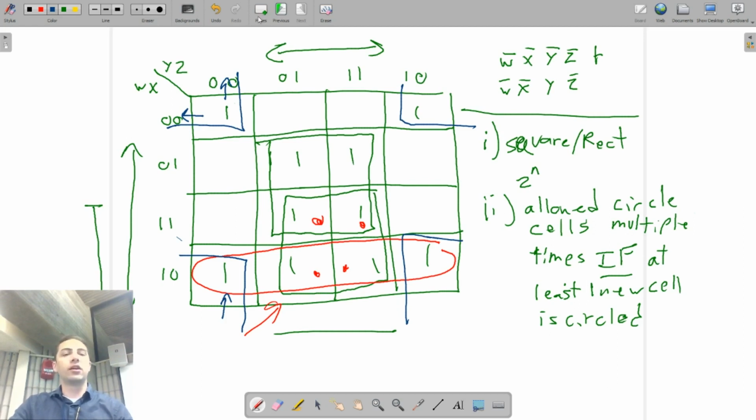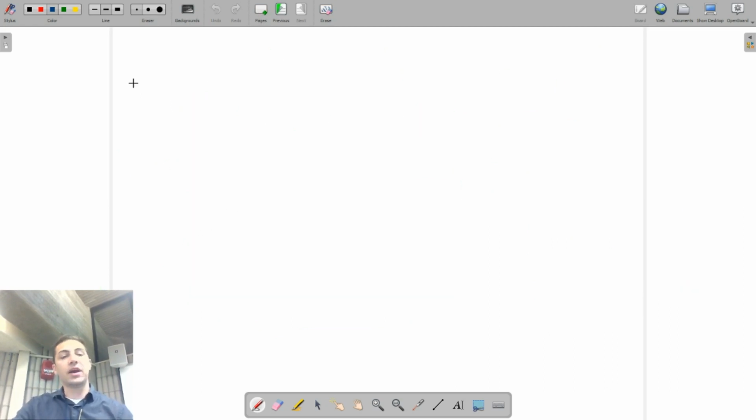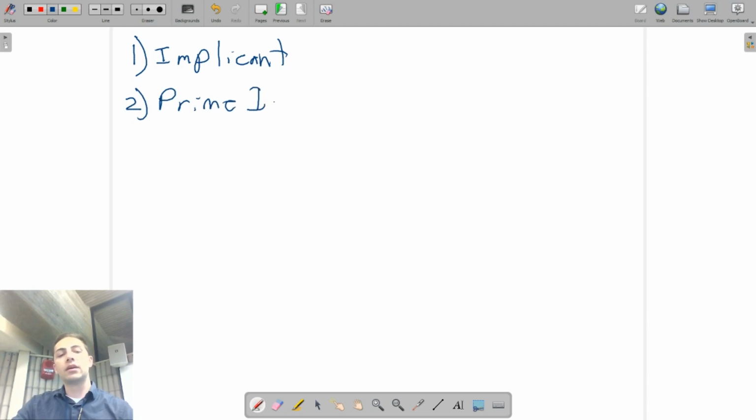All right. So that covers a few things. Now, anything that you circle here is what we call an implicant. There are some implicants that are better than others. We have 3 basic categories. One is just an implicant. Second is what we call a prime implicant.